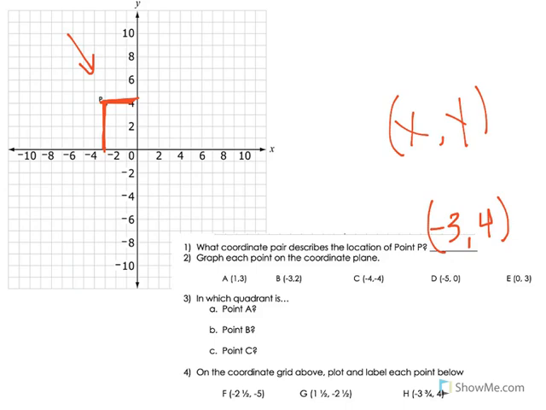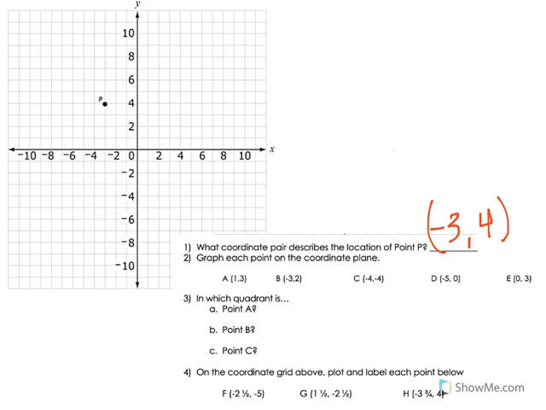Now the next question asks me, graph each point on the coordinate plane. I am provided with the ordered pair, or the coordinate pair, and then I need to plot them. So A is at +1, +3.